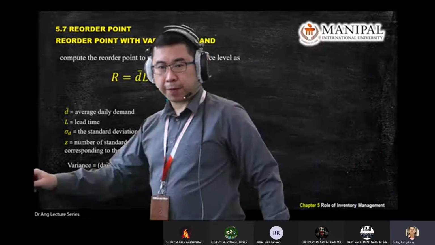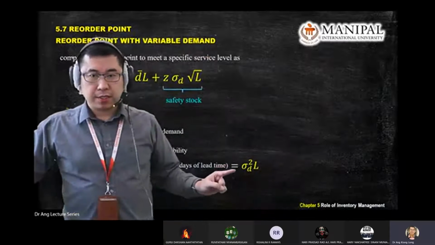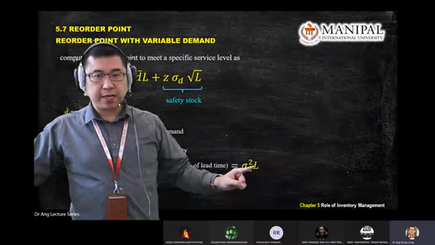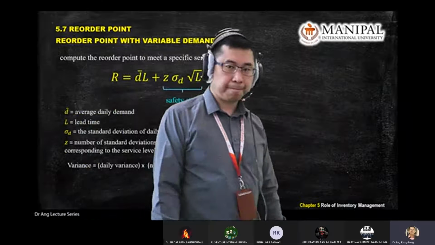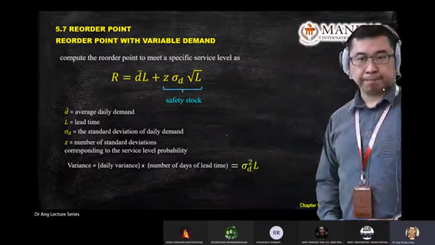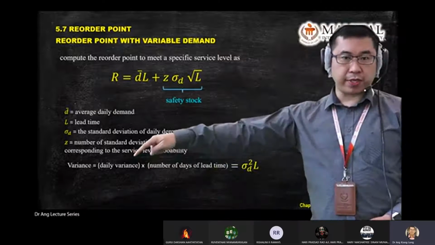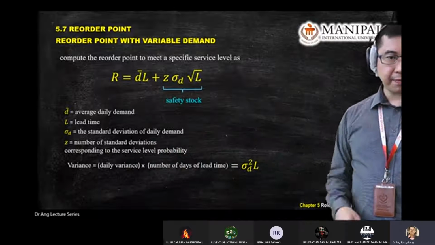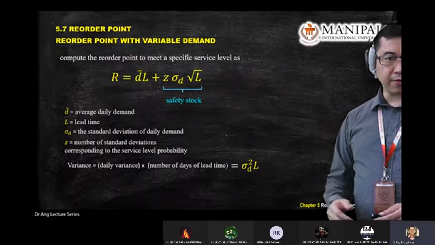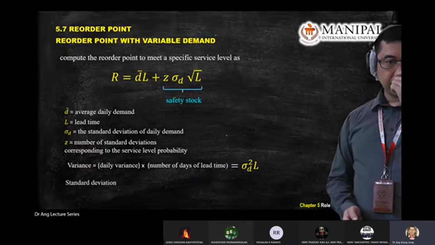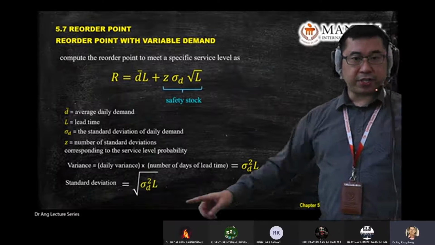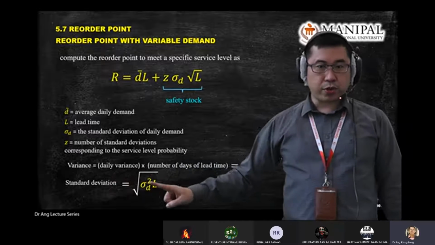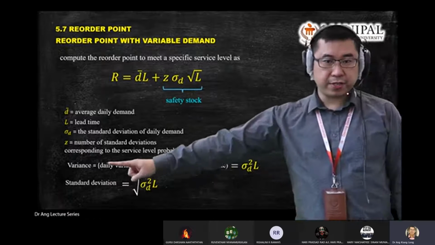This gives you this equation: sigma D square L. Variance equal to daily variance multiply by number of days of lead time. You get sigma square L. So your standard variation equal to square root of your variance.